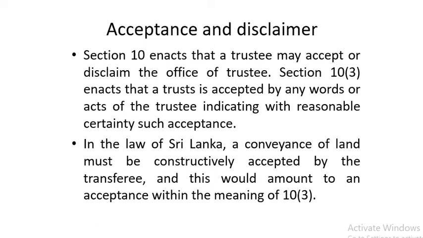First of all, we will see section 10 of the trust ordinance. Trustee may accept or disclaim the office of the trustee. There is a full choice given to the trustee or the person to accept or disclaim. A trust is accepted by words or acts of the trustee indicating with a reasonable certainty such acceptance.